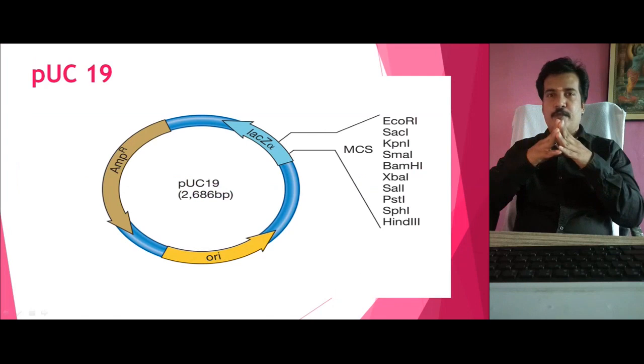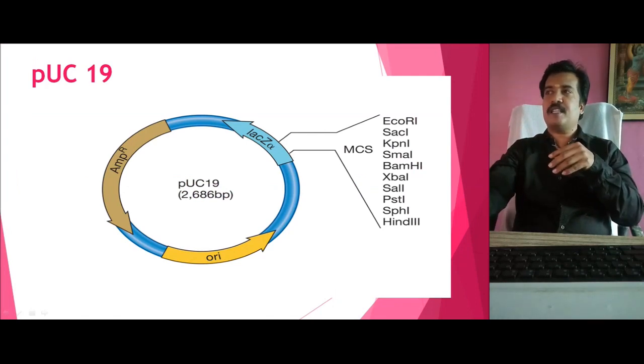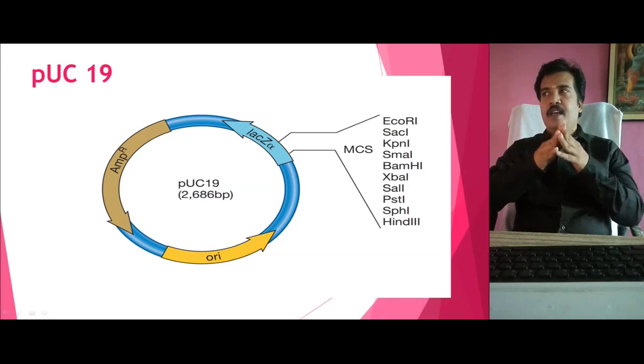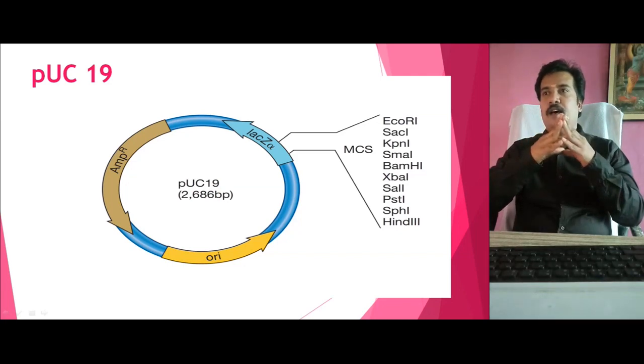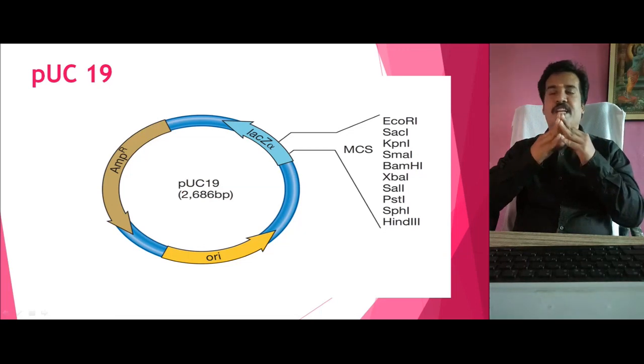In the picture you are seeing, it carries three regions. The yellow region represents the ORI, origin of replication initiation, and the light blue region is the LacZ alpha, which carries the multiple cloning sites having various enzymes listed, like EcoRI, SacI, KpnI, SmaI, BamHI, up to HindIII, where you can insert the foreign DNA.